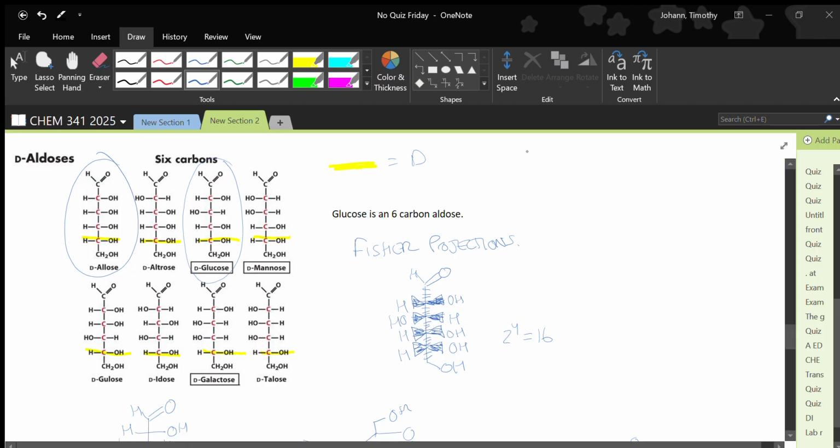If I wanted to do L-glucose, I would just essentially take the mirror image of what's going on for my glucose over there. And so I'm just going to go ahead and put my hydroxides on the opposite sides from where they are for D-glucose.